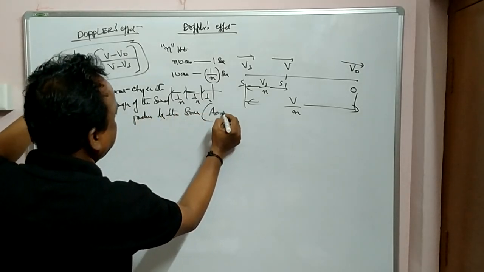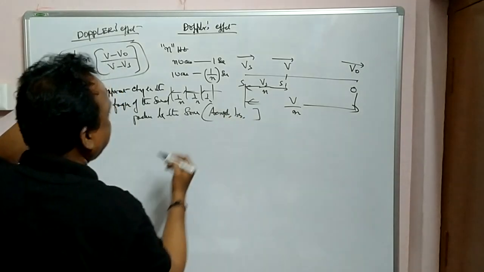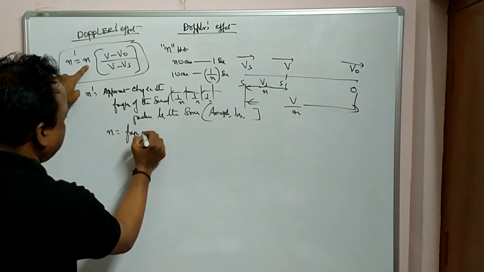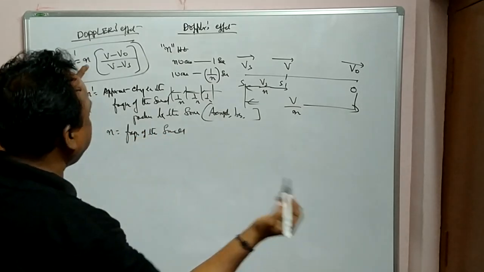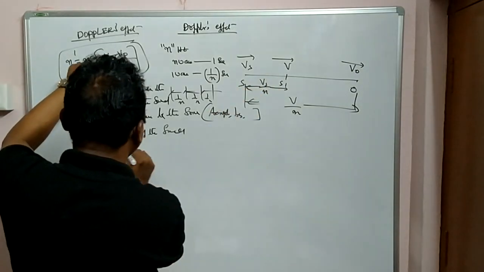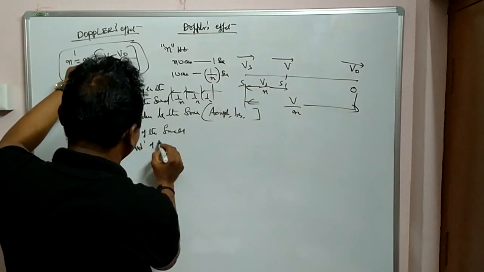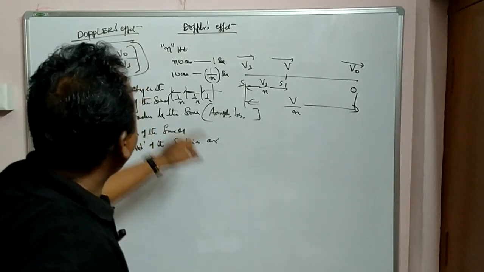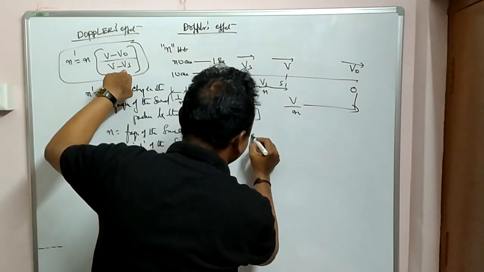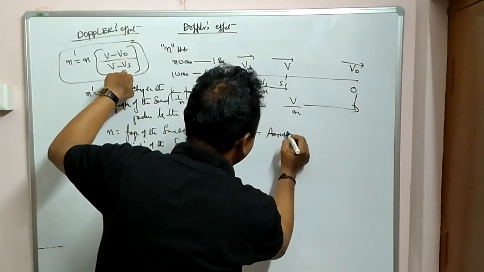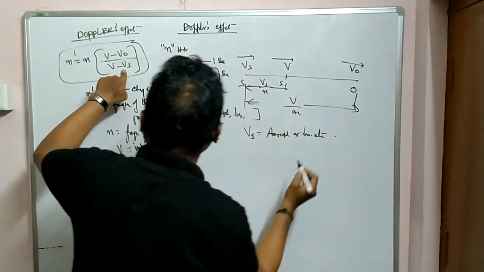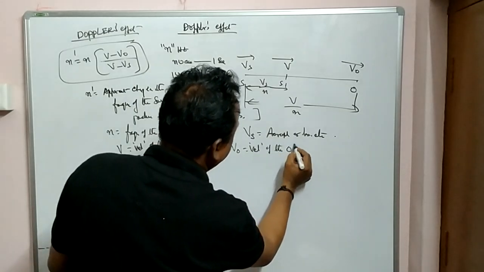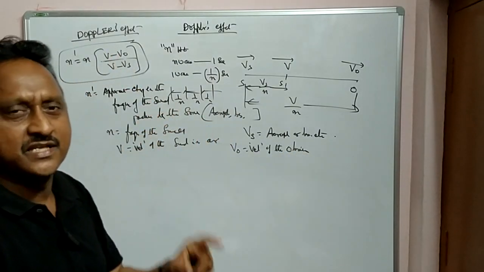The source may be an aeroplane, a bus, anything making some sound. n is the frequency of the sound, that means the original frequency of the sound. v is the velocity of the sound in air. v0 is the velocity of the observer, and vs is the velocity of the source of sound, like an aeroplane or bus. So these are the parameters you have to know first of all.